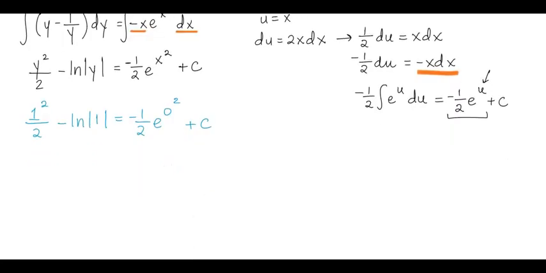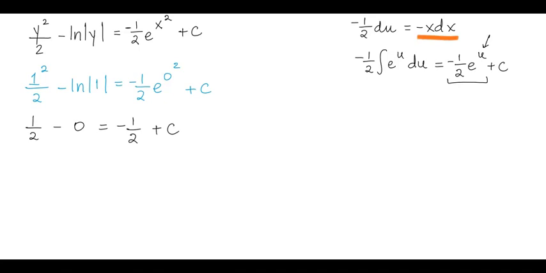So we are left with 1/2 minus natural log of 1, which is 0, and anything to the 0 power is equal to 1. So we have on the right hand side of the equation negative 1/2 plus c. I am going to add 1/2 to both sides of the equation to conclude that c is equal to 1.